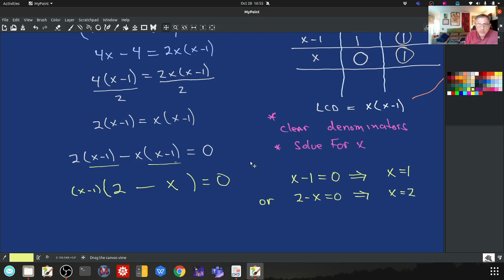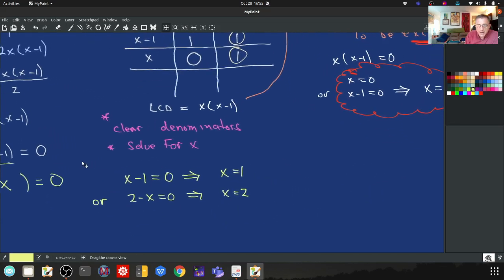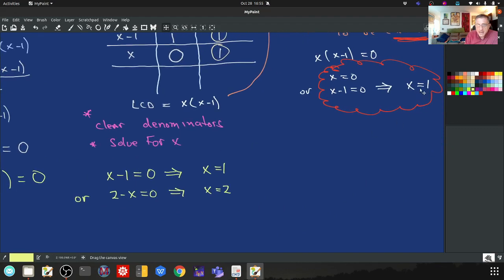So here's where I need to check. And over here I discovered that x cannot be equal to 1. So that means this is not an acceptable answer. So my only answer is that x is equal to 2. That is the only solution.